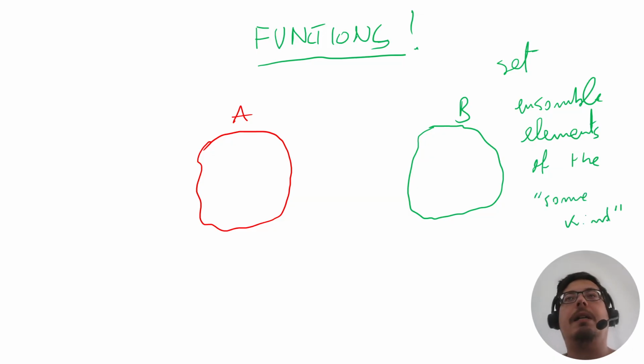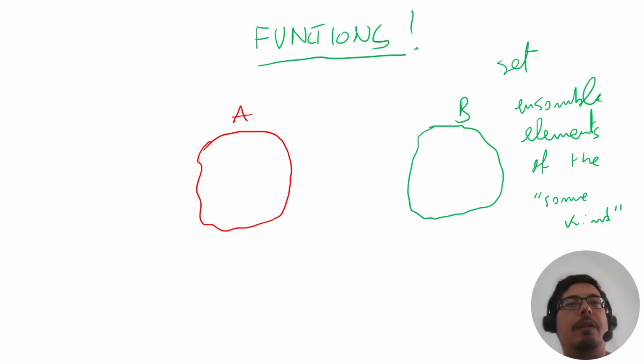And I quote "same kind" because what do we mean by same kind? Where do we draw the line where two elements are different enough? But I'm sure that we can agree on some basic idea. And by the way, there is no limit on the creativity here, okay?